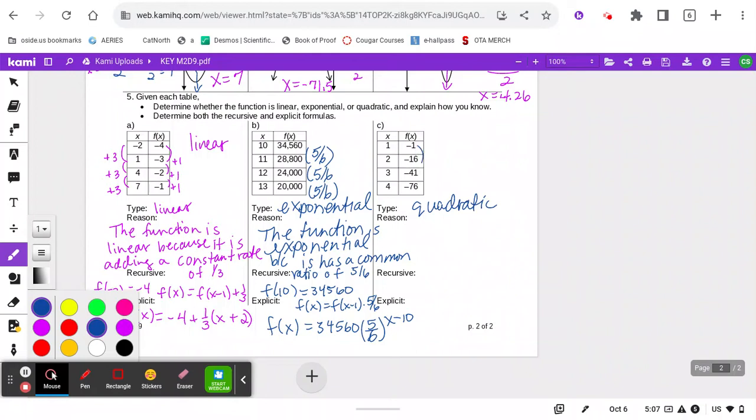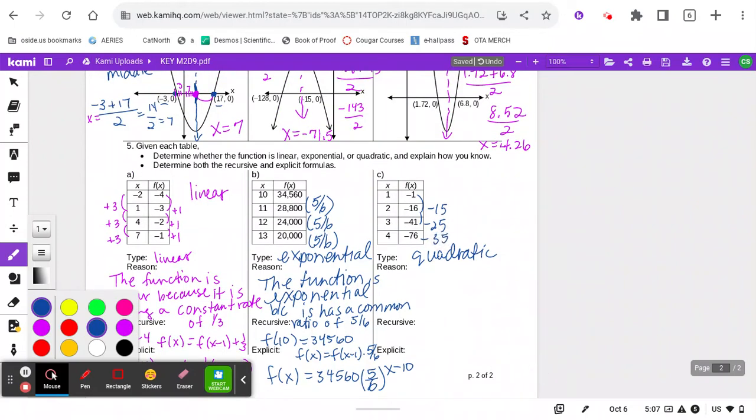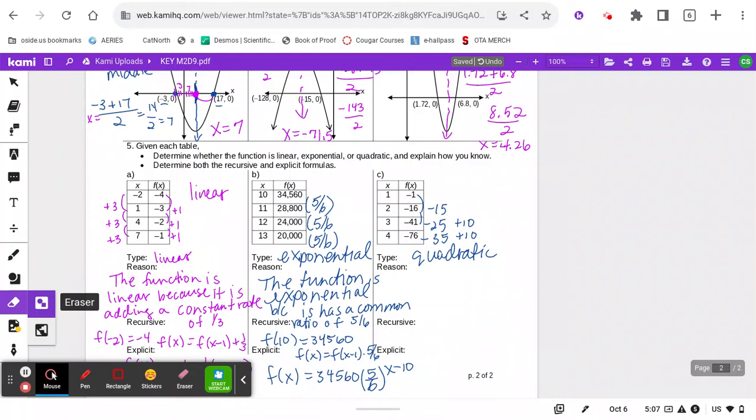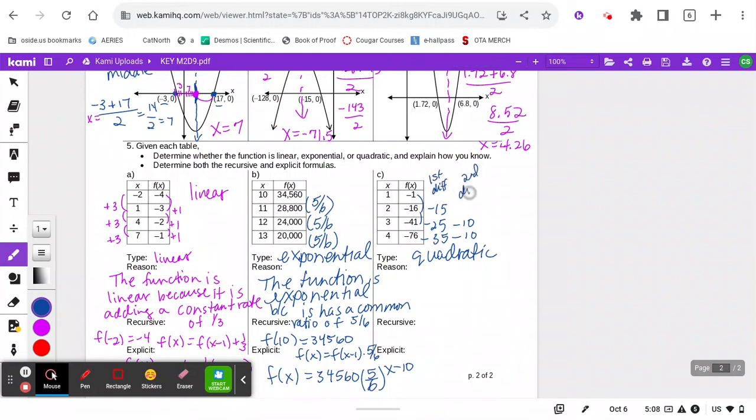So let's see here. I'm going down 15. 41 minus 16. I'm going to grab my calculator to be sure. I'm going down 25. I'm going down 35. Notice that that means that this has a constant second difference. Oh, is that also negative? Of down 10. So this is my first difference column. This is my second difference column.